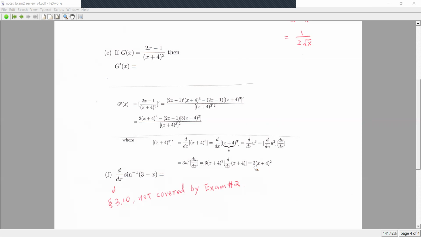Therefore, this is the derivative of x plus 4 to the third. Plug in the result here, then I have this equation. I can stop here because this problem, number 3, doesn't require us to simplify our result.